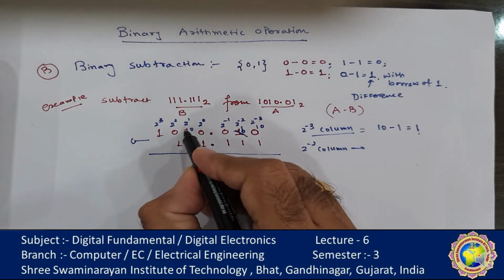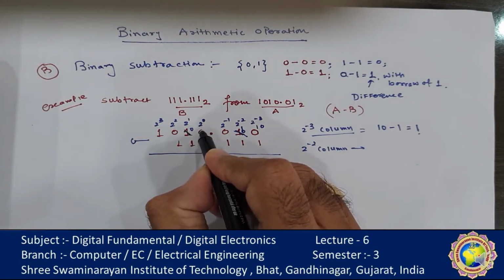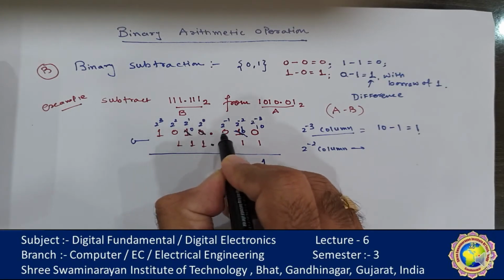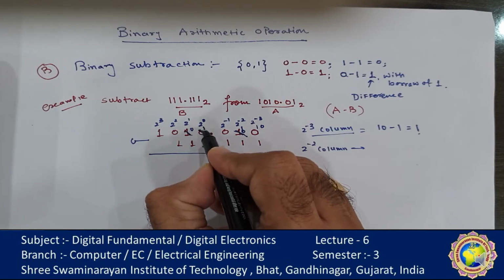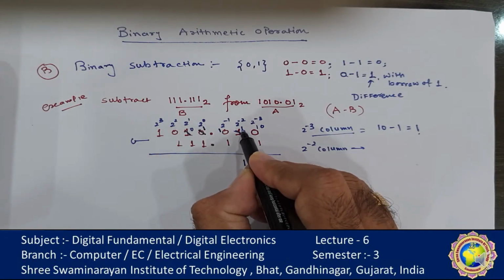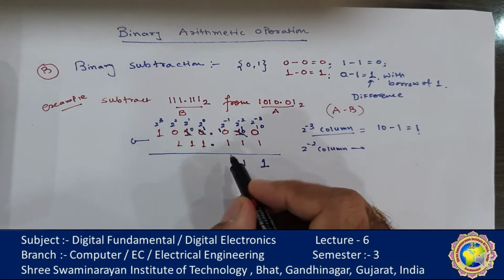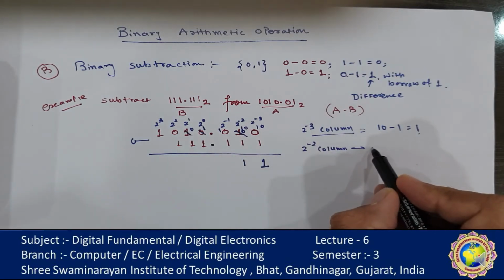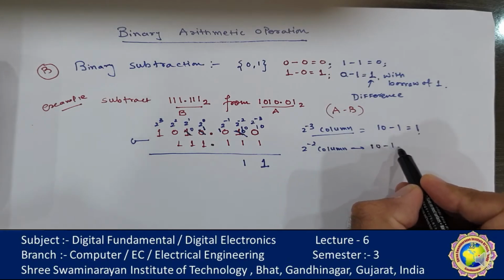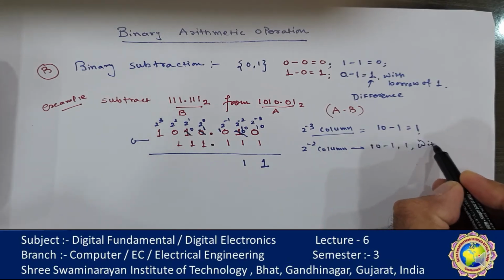So remember that thing, when we take the borrow from this 1, it will reduce by 1, so 0 is replaced by 1 and this last one is a 10. Now when we go here again, 10 minus 1 is 1 with borrow.